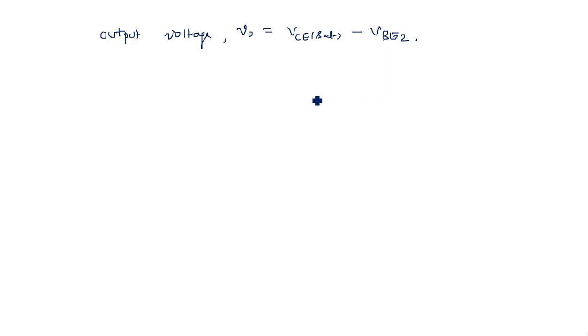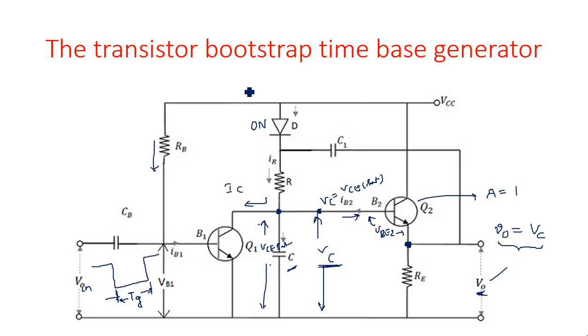Now the current IR. What is IR? IR is the current coming from VCC towards the junction. This junction is connected to three different components: two transistors Q1 and Q2, and a capacitor. IR is divided into two currents, IC1 and IB2.